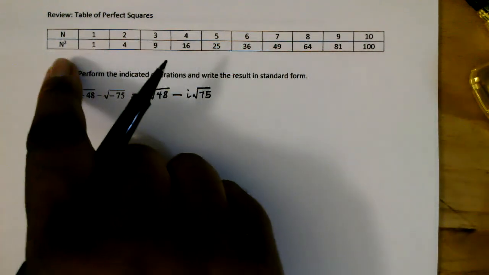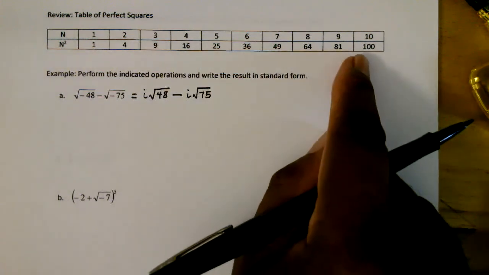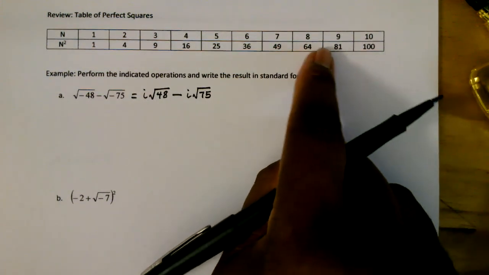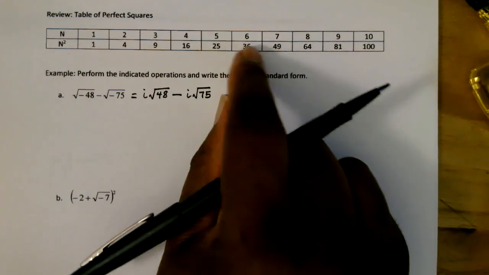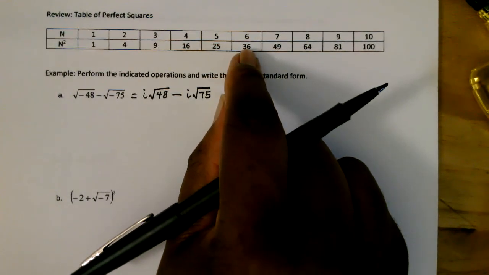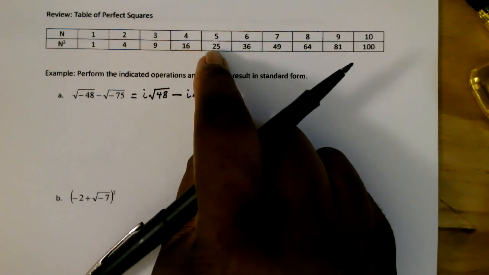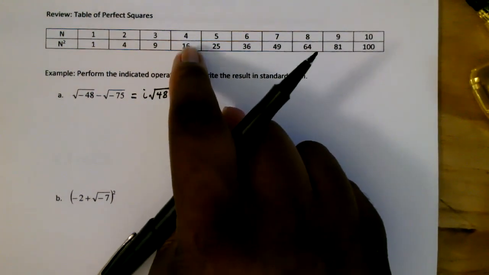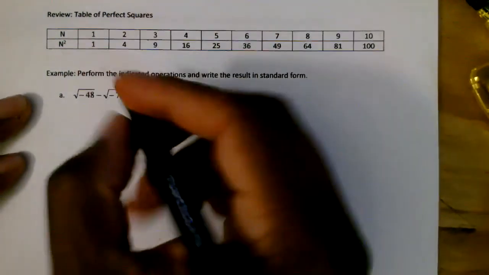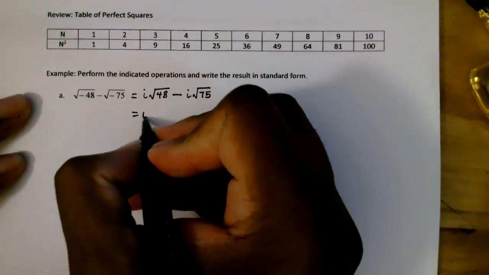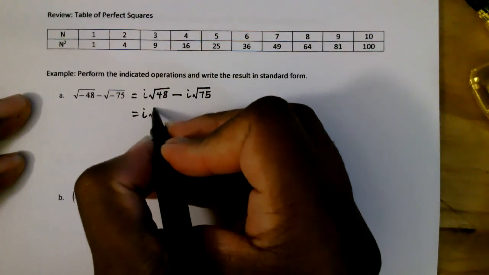Looking at this row for n squared, I need the largest perfect square that can go into 48 evenly. Well, I know 49 is too big. 36 can't go into 48. 25 can't go into 48, but 16 can. Let's use that, because 16 goes into 48 3 times. So I'm going to use 16 as the largest perfect square.